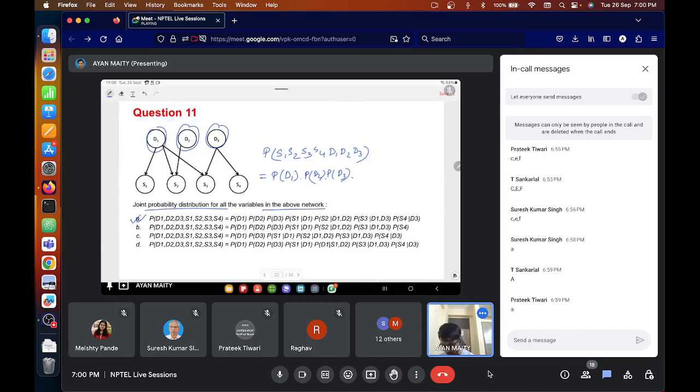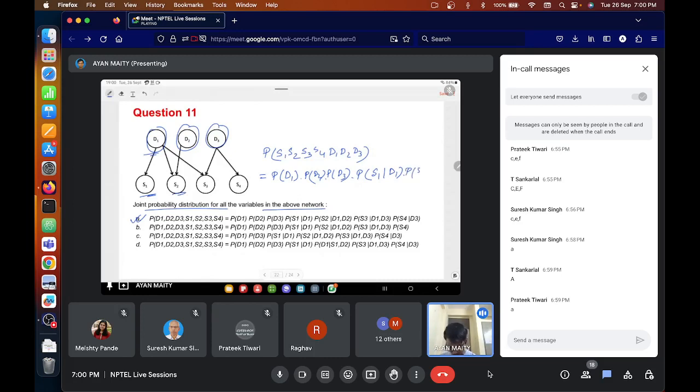Then for each of the other nodes, we have to check which are the nodes that node is dependent on. So S1 is dependent on only D1 because there is a directed edge from D1 to S1. So for S1 we have to write probability of S1 given D1. For S2 there are two incoming edges, one from D1, another from D2.